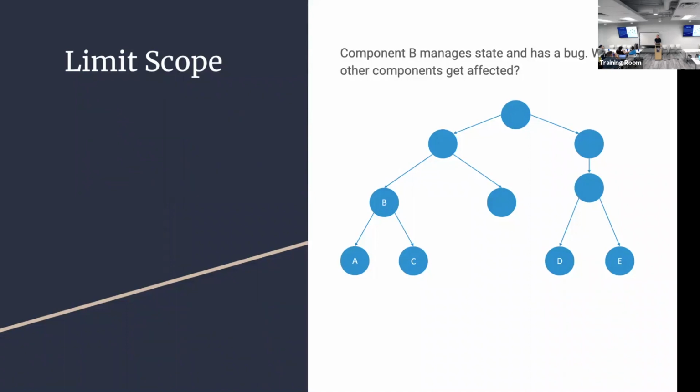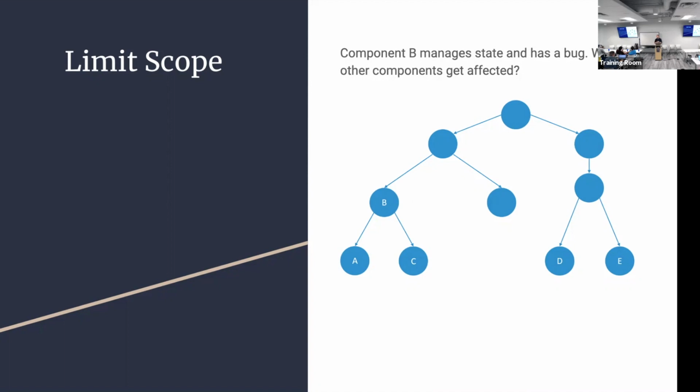Which parts of your app get affected? Which parts can be affected? Right, your only option is A, B, and C. Nothing else possibly has access to that state. And so by limiting scope, you're constraining bugs. You're basically giving a boundary.